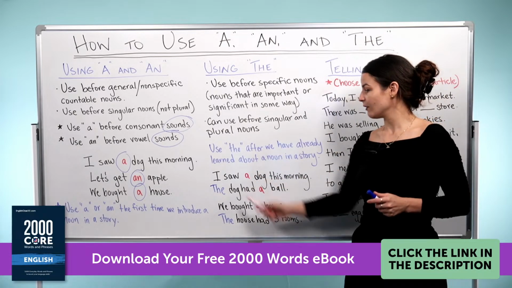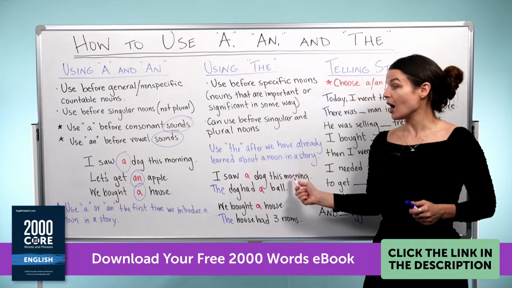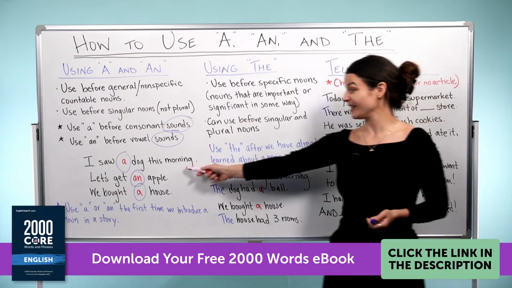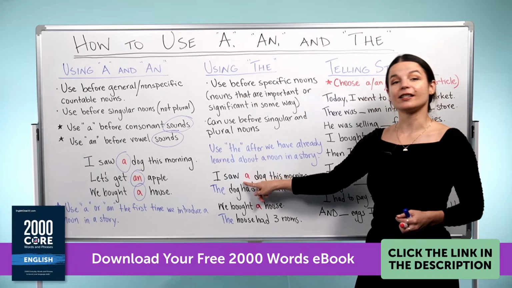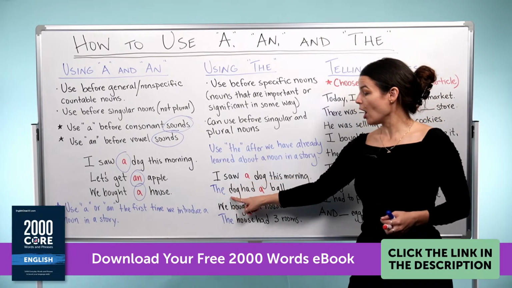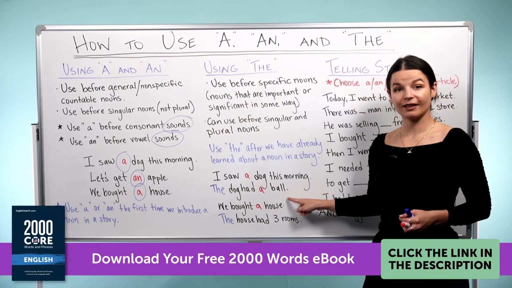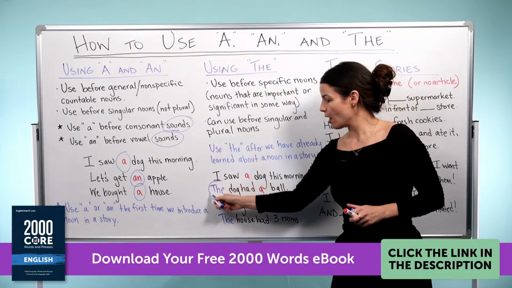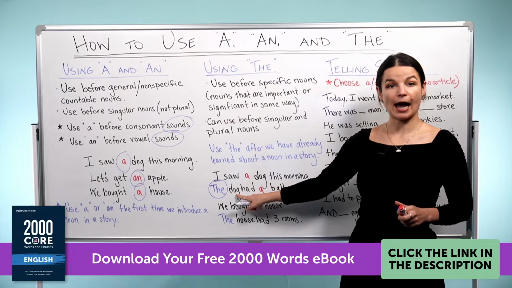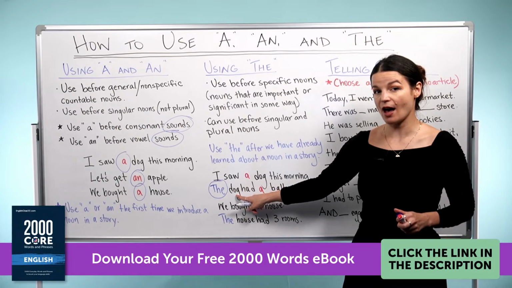Let's take a look. First, I saw a dog this morning. Same sentence as before, right? I saw a dog this morning. Then, the second sentence, the dog had a ball. In this sentence, you can see in blue, the dog had a ball. Why do I use the here?